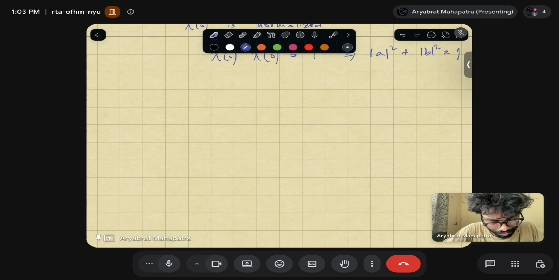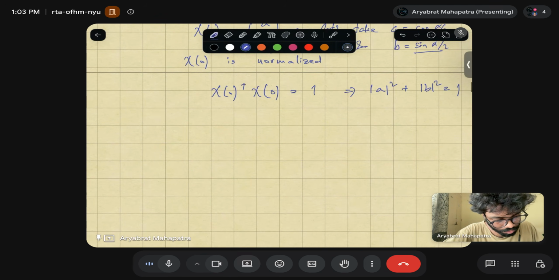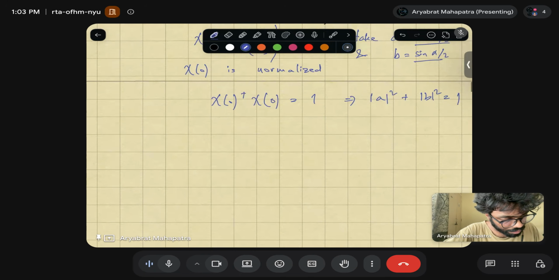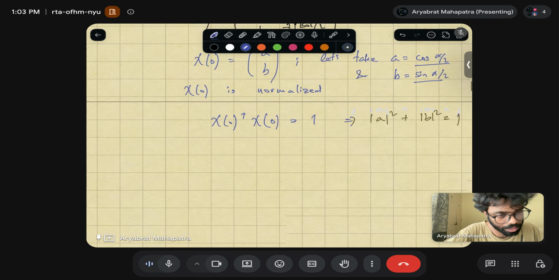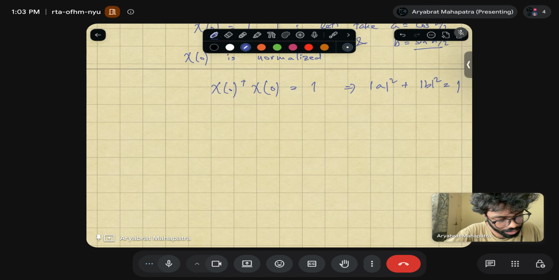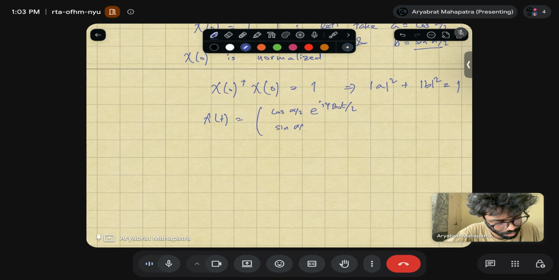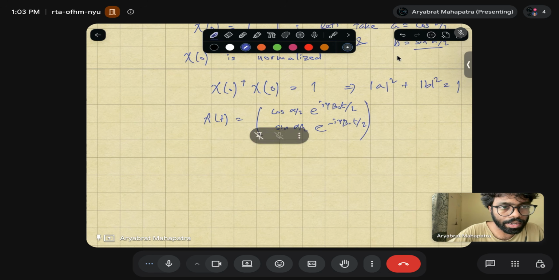So we have this chi 0, and let's say we found this a and b. So a and b are now fixed, and we can write chi of t as cos alpha by 2 exponential i gamma B naught t by 2, and sine alpha by 2 exponential minus i gamma B naught t by 2.